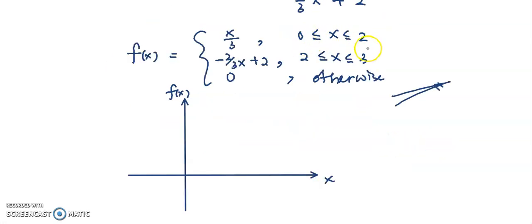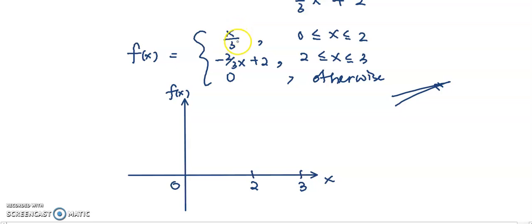If we need to sketch the graph, we need to focus on the intervals. We have only two non-zero functions, one from 0 to 2, and the other from 2 to 3. From 0 to 2, the function is y equals x over 3.